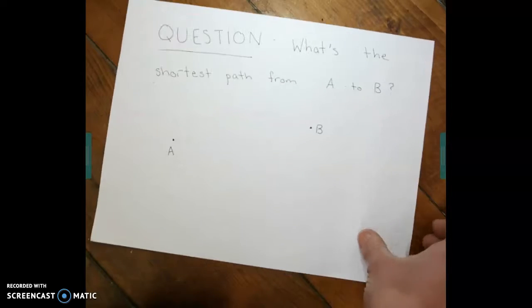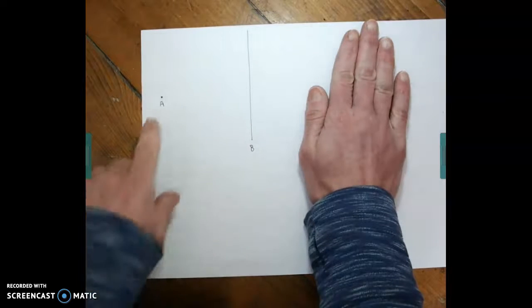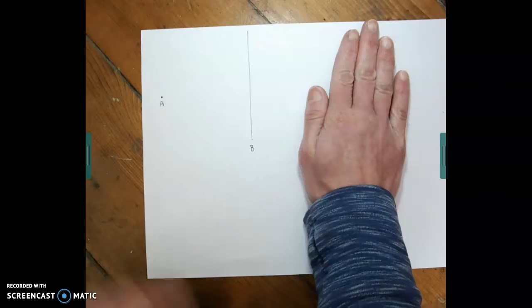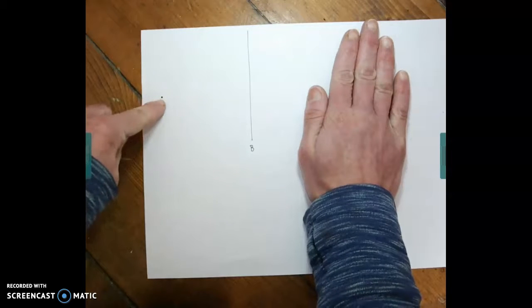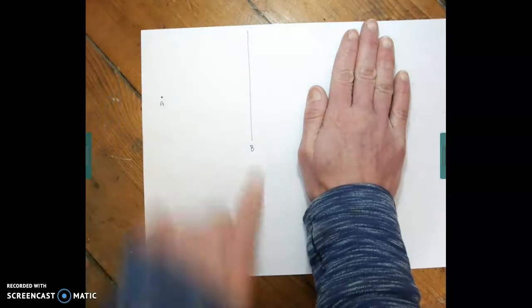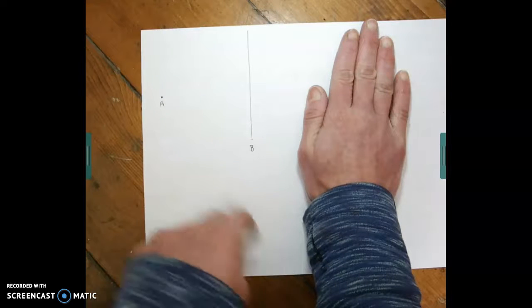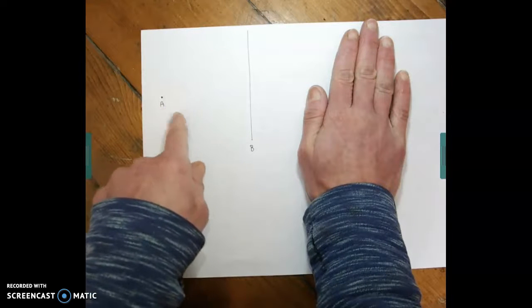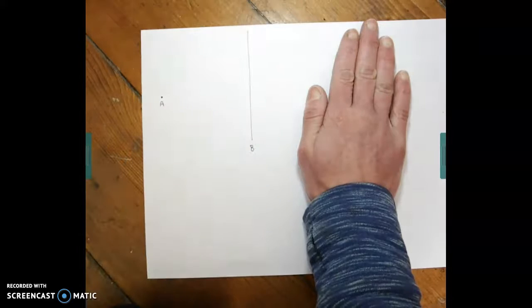Okay, question 2. How does the answer change? Let's look at this one first. If I want to know the shortest path between a point and a line, you could think of this now as our 0-dimensional subspace and this as a 1-dimensional subspace.